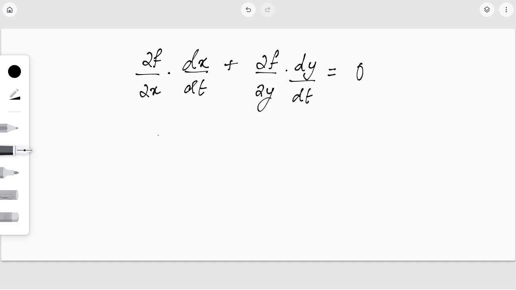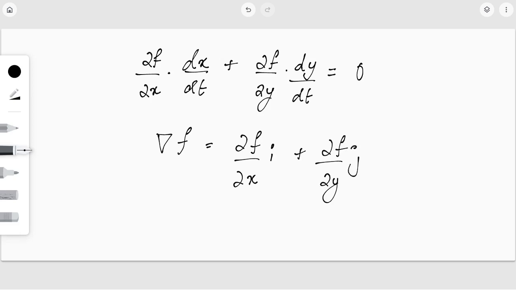Now we know what grad f is. Grad f is dou f by dou x i plus dou f by dou y j. And r dash of t is dx by dt i plus dy by dt j.